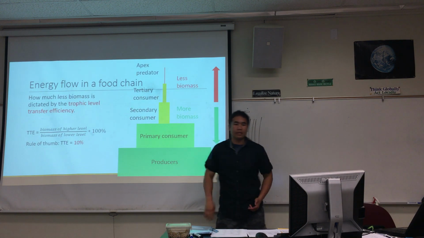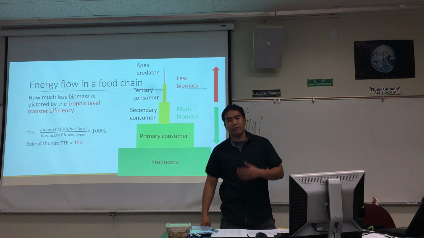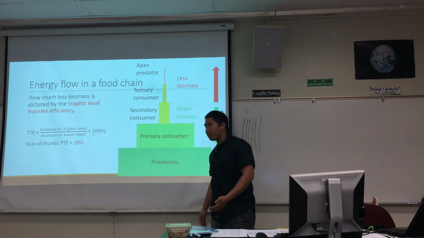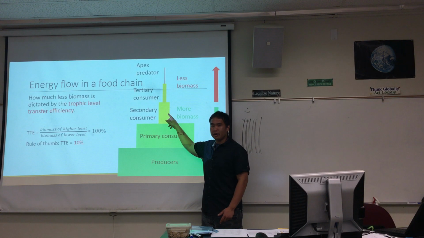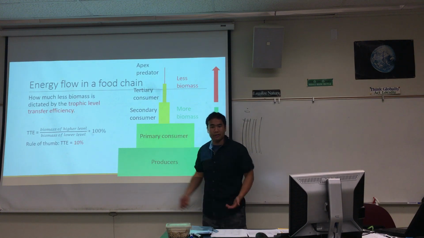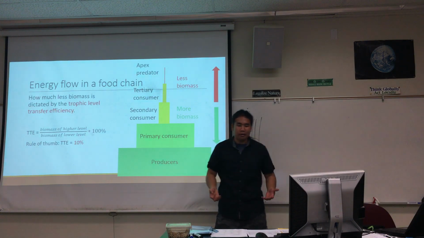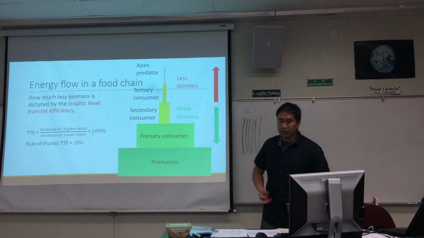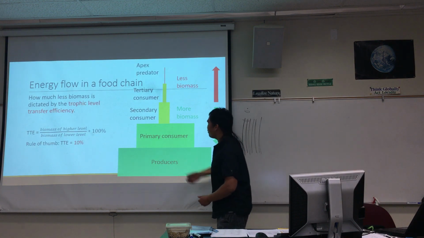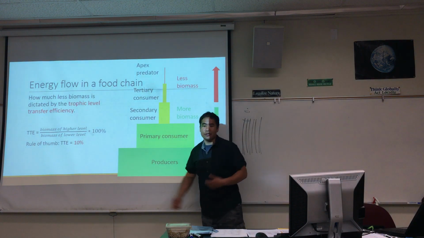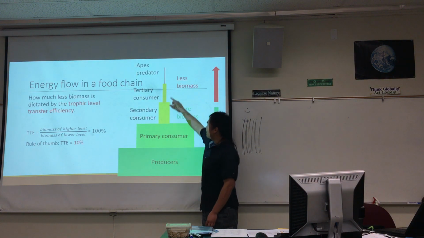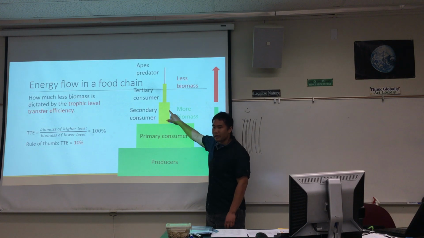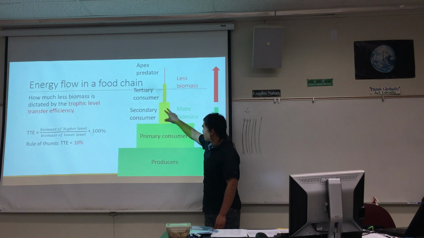And as a consequence, the amount of tertiary consumer biomass that is supported by this amount of secondary consumer is 10% of the secondary consumer. I'm saying all the same thing, just rewording it. I can reword it a couple different ways too. How many more secondary consumers are there than tertiary consumers? If this is 10% of this, then this is 10 times that.